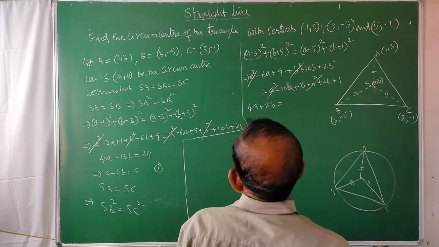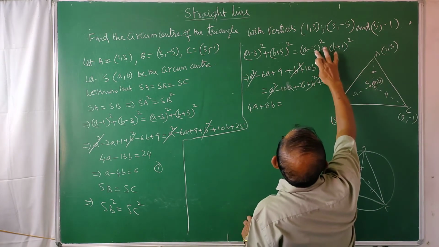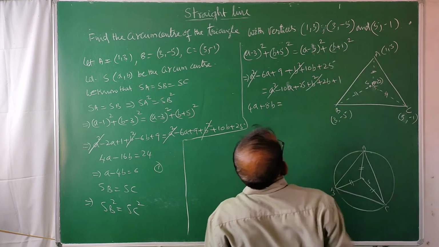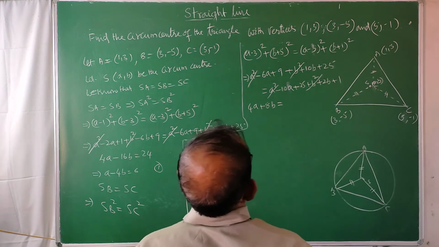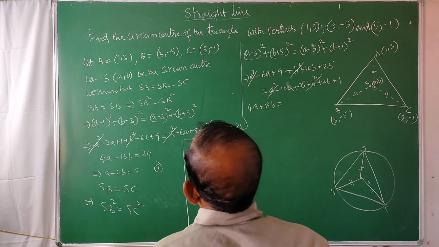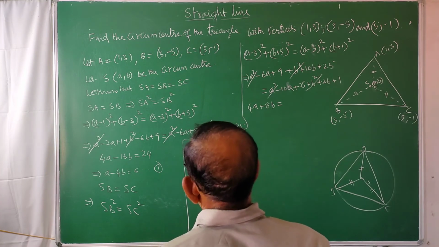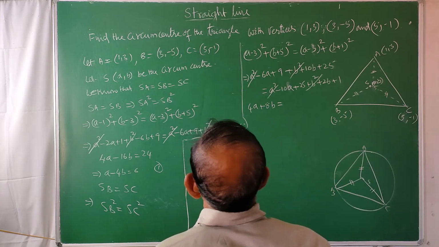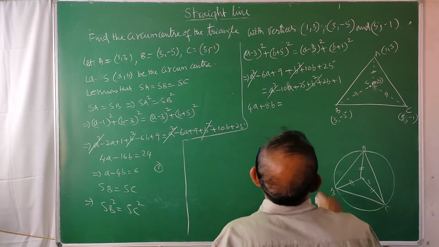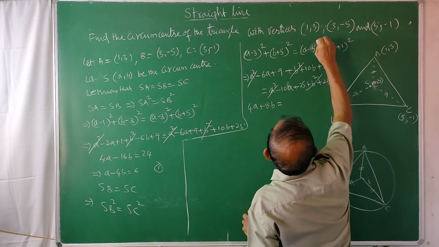It is SC square, so (a minus 3) whole square plus (b plus 5) whole square equals (a minus 5) whole square plus (b plus 1) whole square.